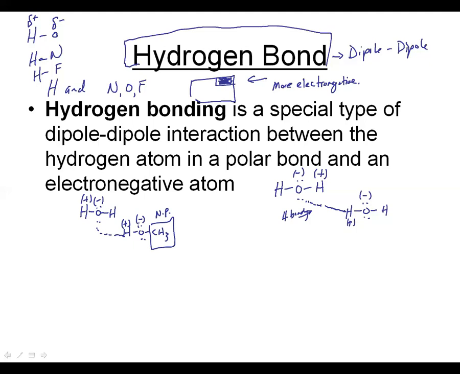So it's a good point to bring up that when we talk about things like boiling points and melting points, and the effect intermolecular forces have on them, what we're really talking about is this interaction over here, where the same molecule is interacting with itself, water interacting with water.